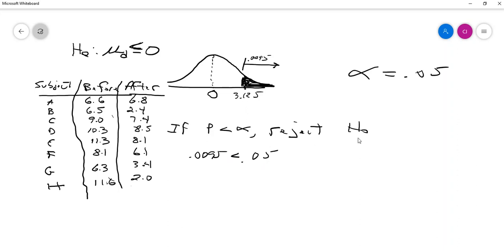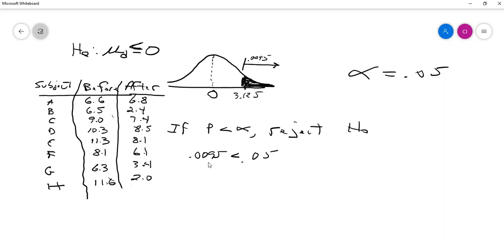We are going to reject this statement up here that the mean difference is less than or equal to 0. We can accept the alternative that it's significantly greater than 0, which we see up here, and we said it's like 3 standard errors. So everything's working out and telling us that we have pretty good confidence.